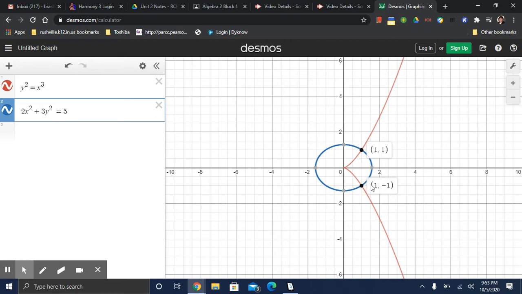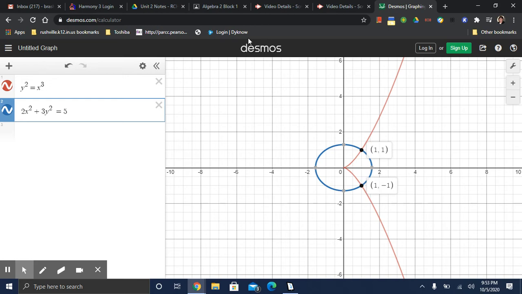And then we would also look at the tangent line here at 1, negative 1, and the tangent line for our pink graph at 1, negative 1, and see if those are perpendicular to each other. And if so, then it's orthogonal at 1, negative 1.